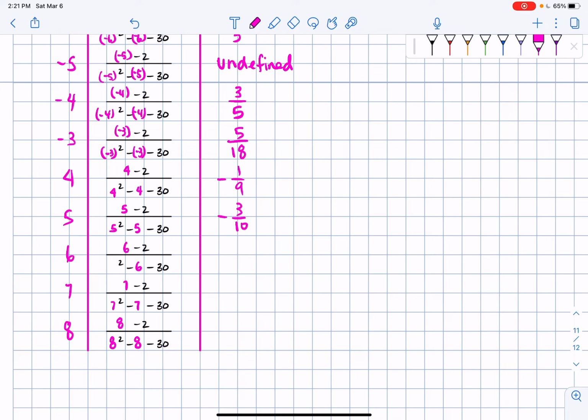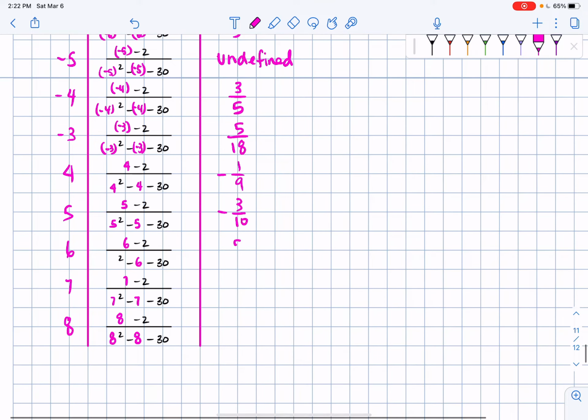This should be undefined. Yeah. Five over 12.